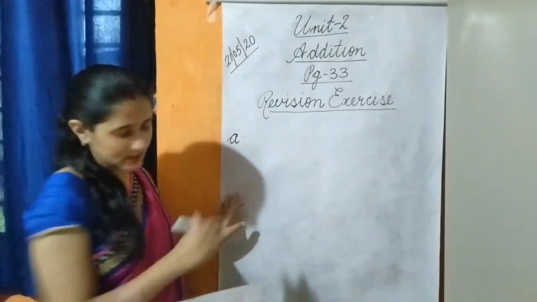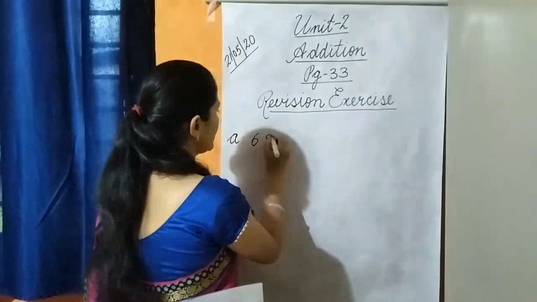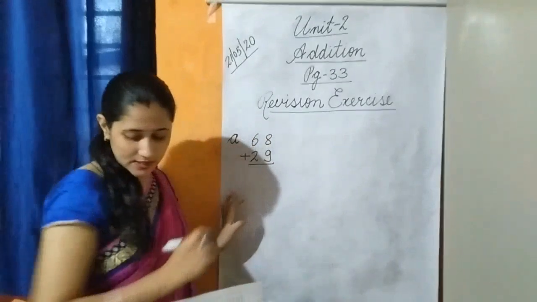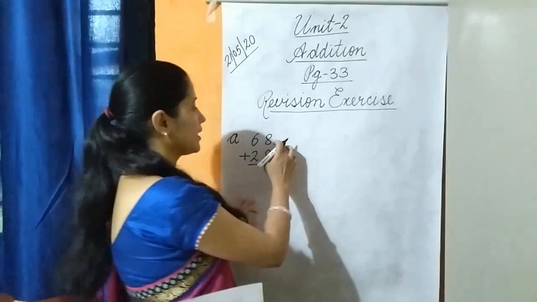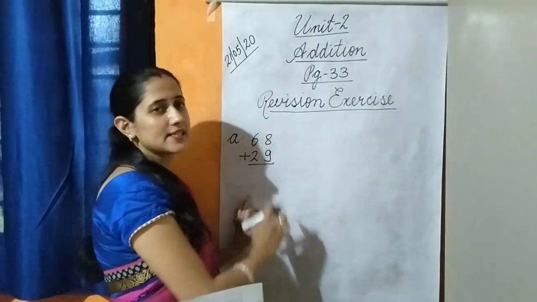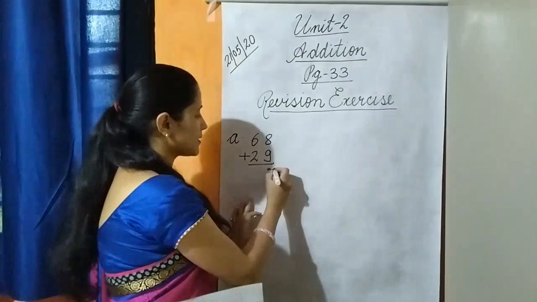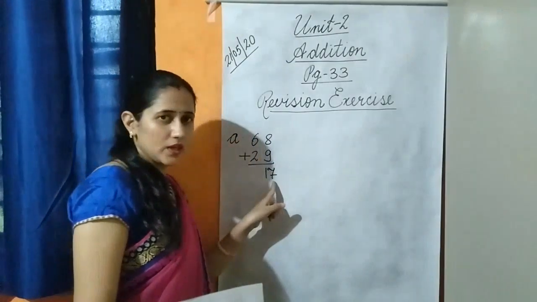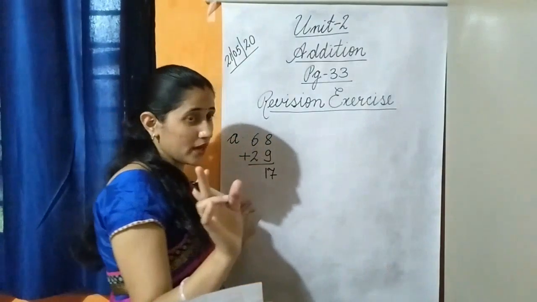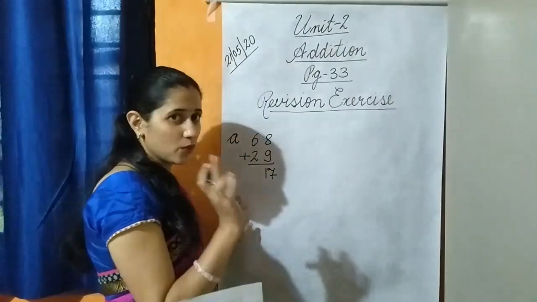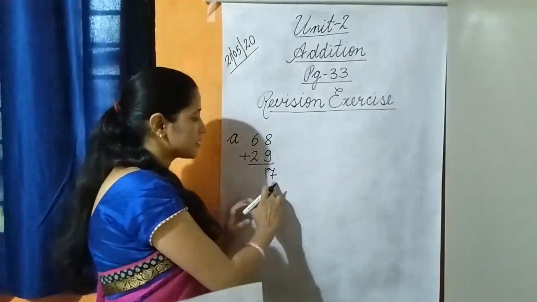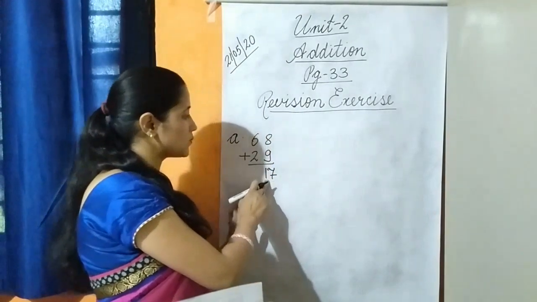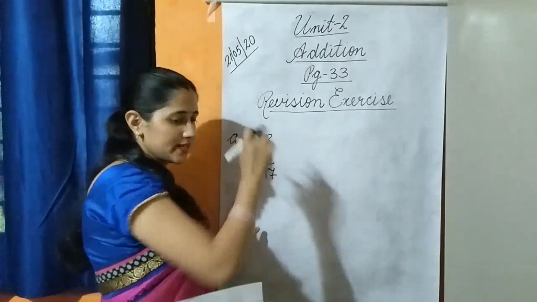A is 68 plus 29. 8 plus 9 is 17. In the last video I also explained that while adding, we write the ones place here and take the tens place as carry to the next value.